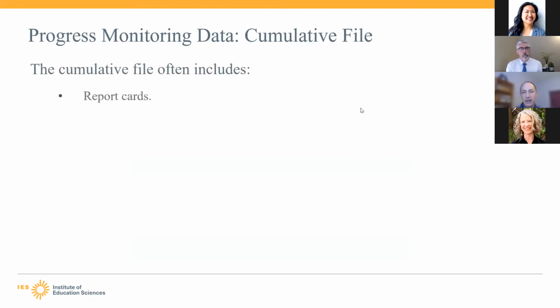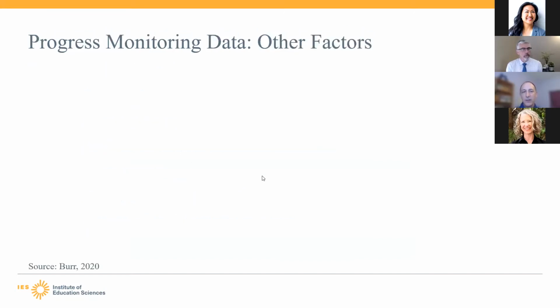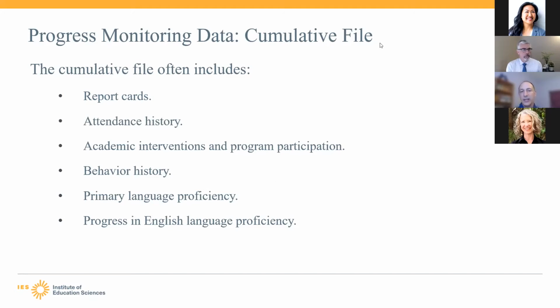We mentioned the cumulative file. These are things that are often in the cumulative file. We can go ahead and just show them all. Report cards, attendance, behavior history, participation in programs or academic interventions, as well as primary language and English language proficiency. So all of these can inform what we know about a student's performance and progress. Next slide.